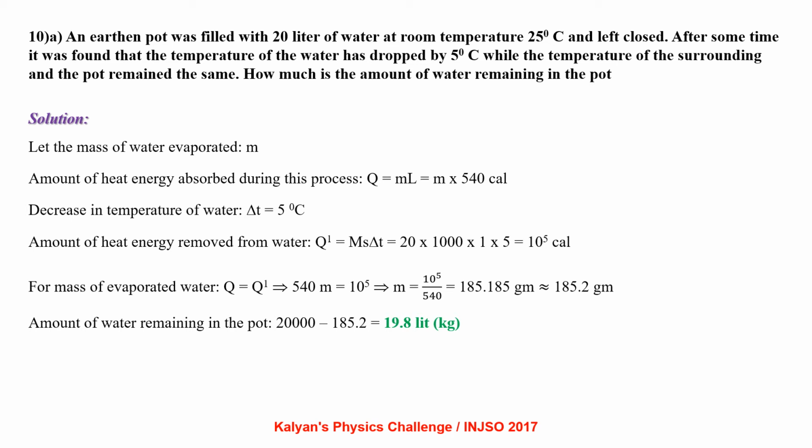For the mass of evaporated water, Q equal to Q dash, that is 540 m equal to 10 power 5, which gives us 185.2 gram. Amount of water remaining in the pot is 20,000 minus 185.2, that is 19.8 liter. You know, in the case of water, 1 kg equal to 1 liter.